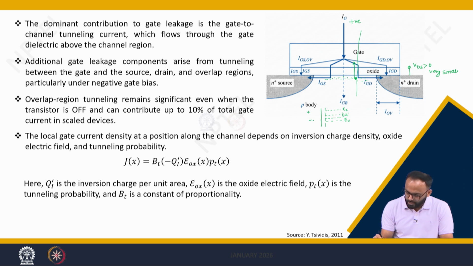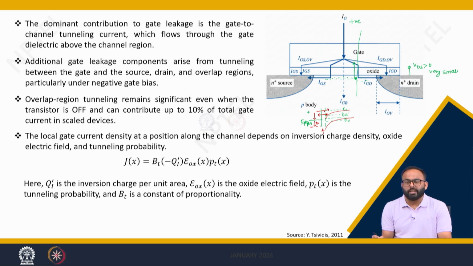This is the Fermi level for the metal, EFM. Now, if you apply a positive voltage at the gate, this band will go downward by that amount, and the bending will be there in the semiconductor inside the substrate, and hence the carriers will tunnel through this thin oxide and constitute a gate current.